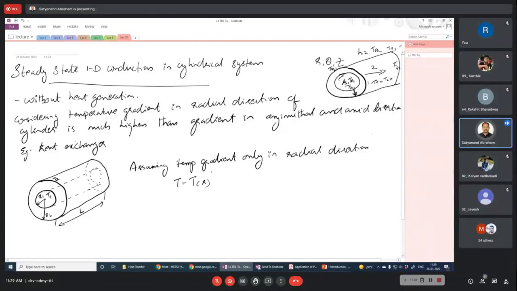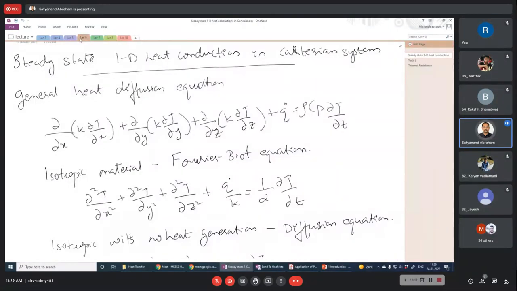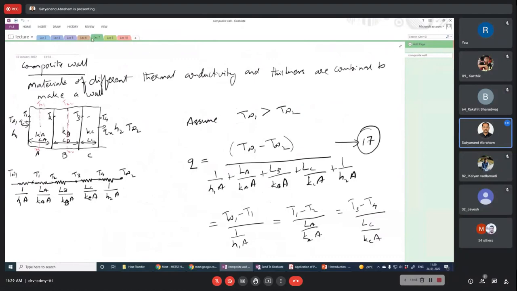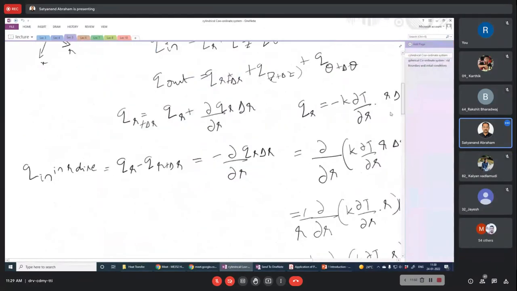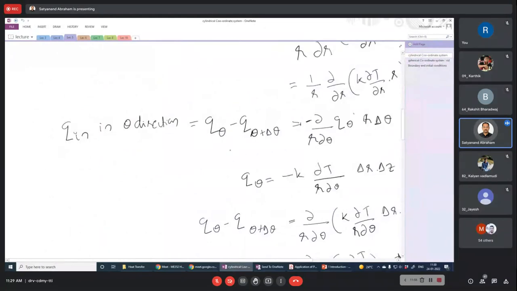It is not a function of theta or anything else. And since we are talking about without heat generation, can anyone say our basic governing equation? Where did we derive that? From this, can anyone say what is going to be our governing equation?